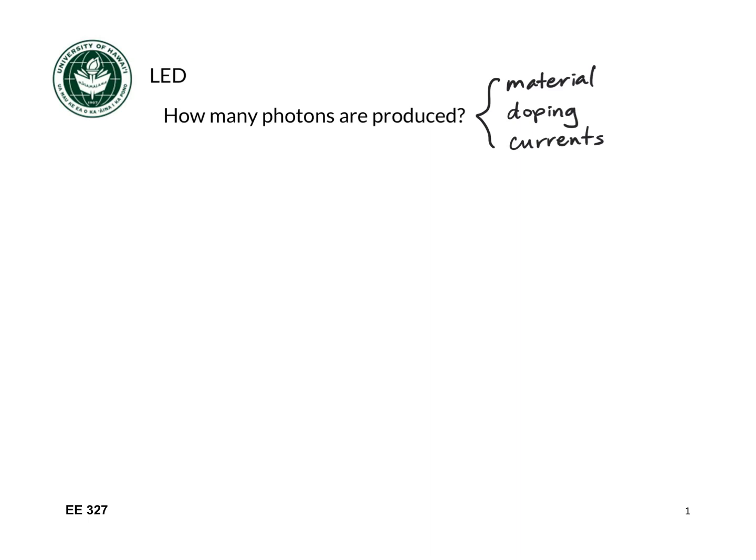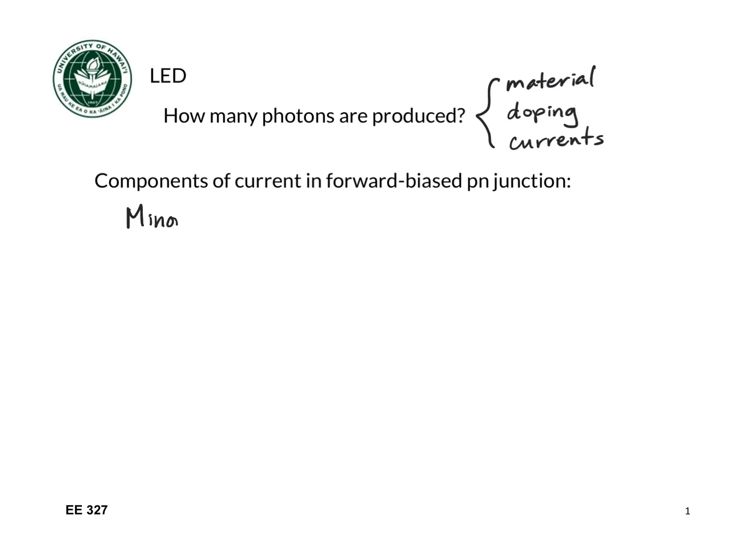So let's first look at the equations for the current components in a forward bias diode. So in my forward bias diode, or my forward bias PN junction, one of the current components is the minority electron diffusion current.